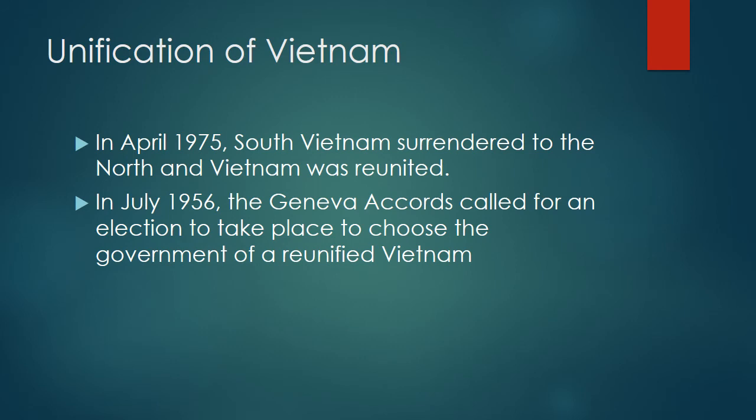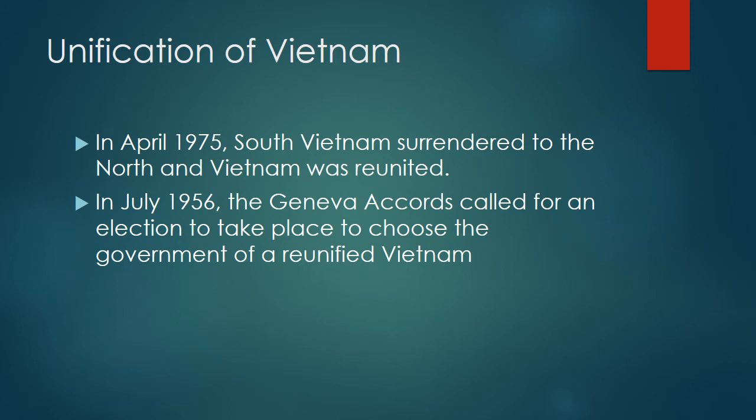And the Geneva Accord, which was signed in 1956, called for an election to take place to choose the government of a reunified Vietnam. So the reunification of Vietnam was achieved eventually in 1975, and that's how the Vietnam War concluded.